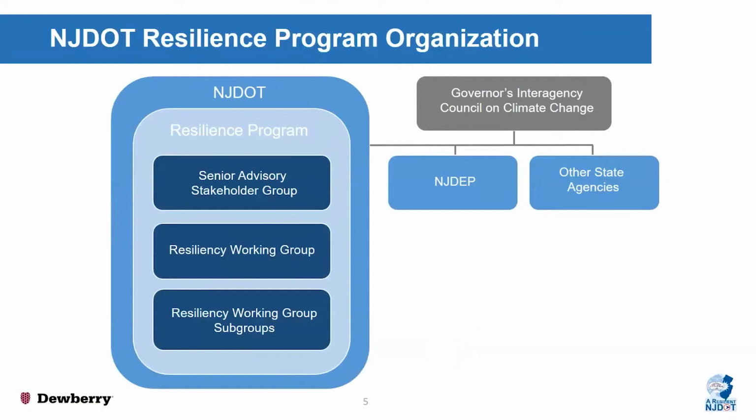They have created a resilience working group that has several advisory groups to it, and they're also participating actively on what was created by executive order, the Governor's Interagency Council on Climate Change, which is being led by DEP but also includes representatives from all of the state agencies.